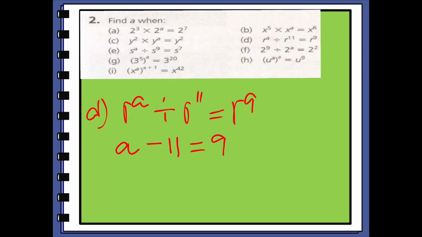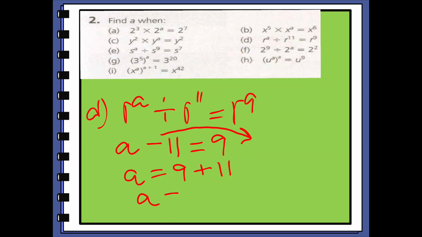Alright, then we find the value of a by moving one of the terms or the variables. In this case, we can move negative 11 to where 9 is. Okay, so we shall remain with a equals 9. Now negative 11 has a negative, so it becomes positive 11.